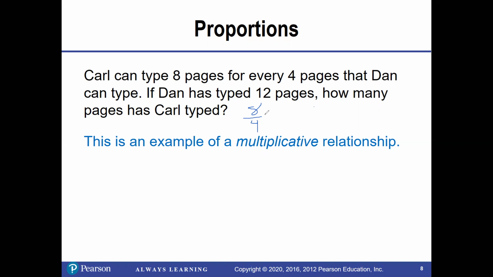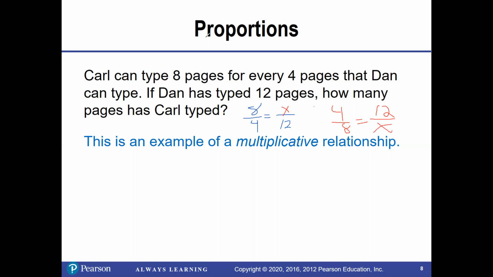Dan is the bottom. How many will Carl be at? Now notice this ratio would also be the same as 4 over 8 is equal to 12 over something, and now 12 has to go with the 4. These are the same proportions. They will solve the same way.